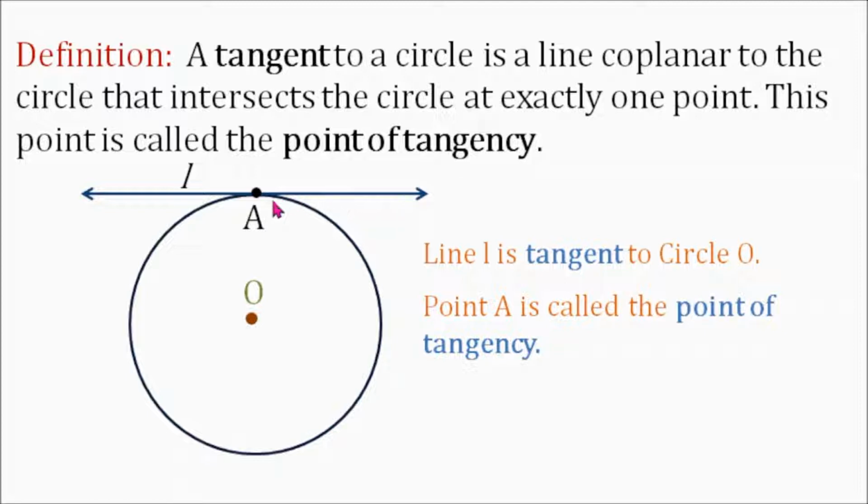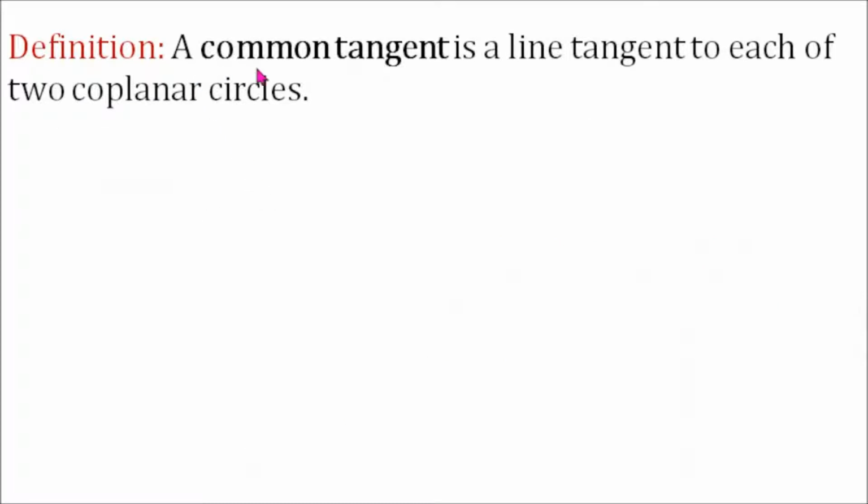In our figure, line L is tangent to circle O. Point A is called the point of tangency. A common tangent is a line tangent to each of two coplanar circles.